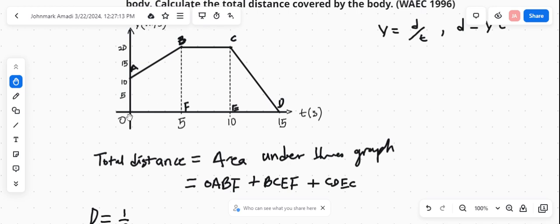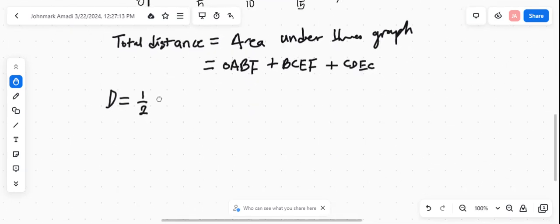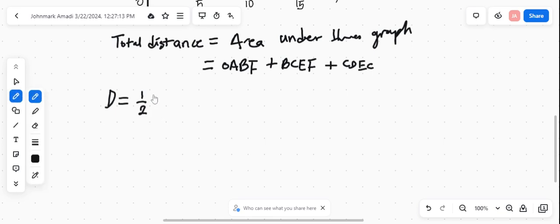The parallel sides here are OA and BF. So we open that up: half times OA plus BF, we close. Then times height.